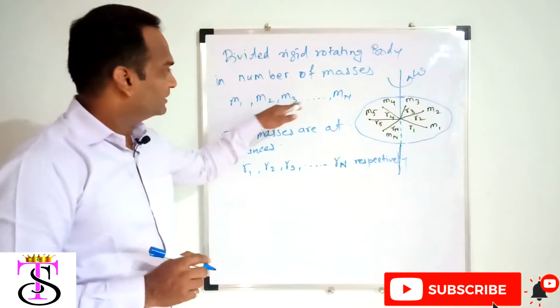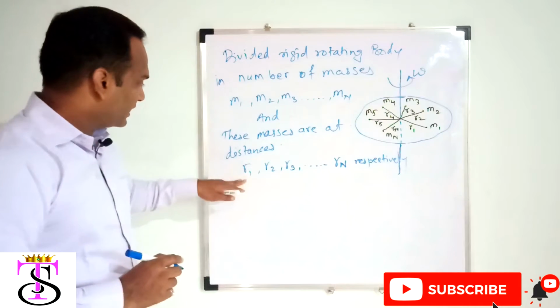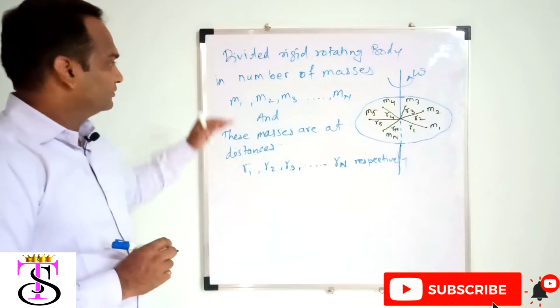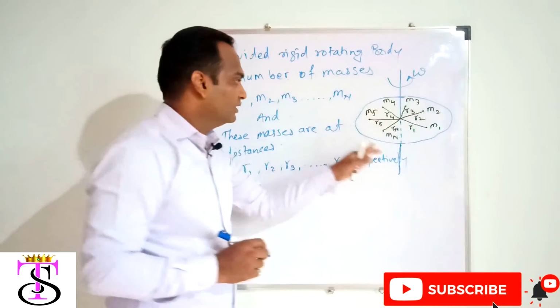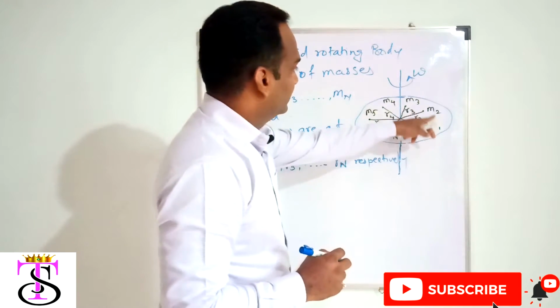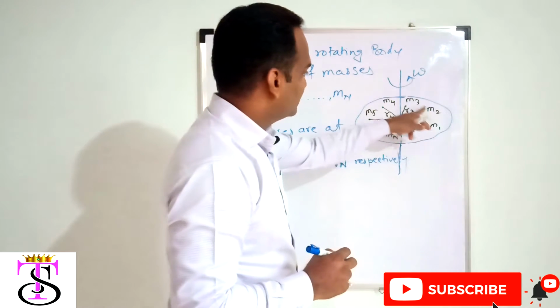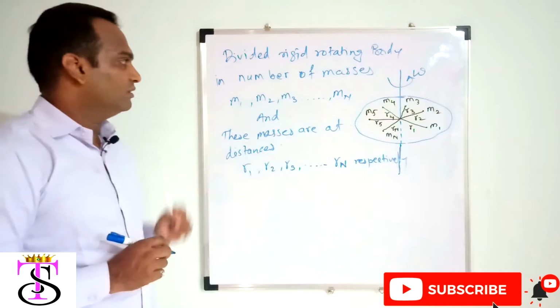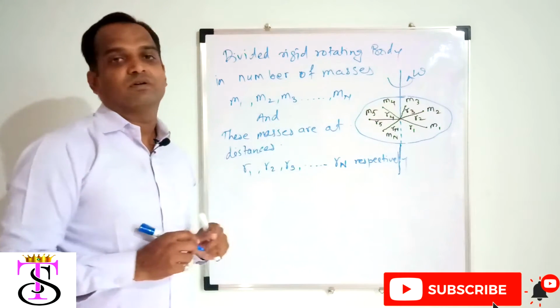So we have divided this whole body into a number of masses, and all these masses are at different distances from the center or the axis of rotation.